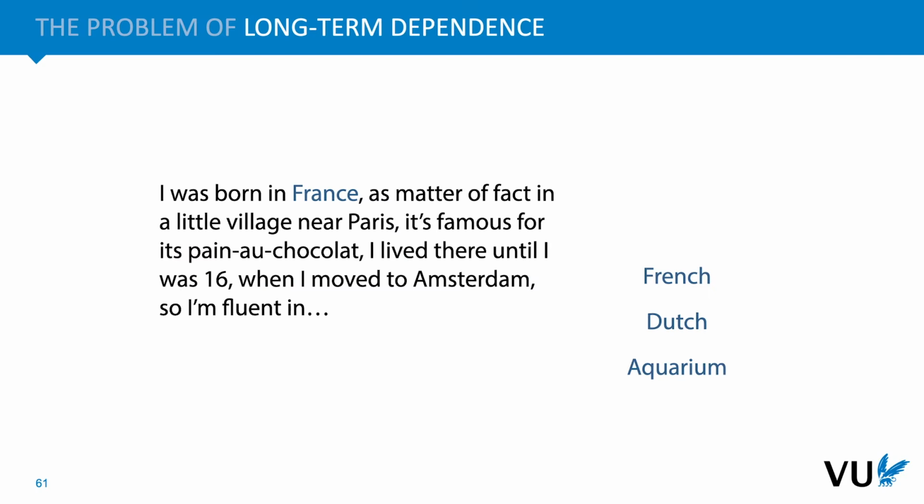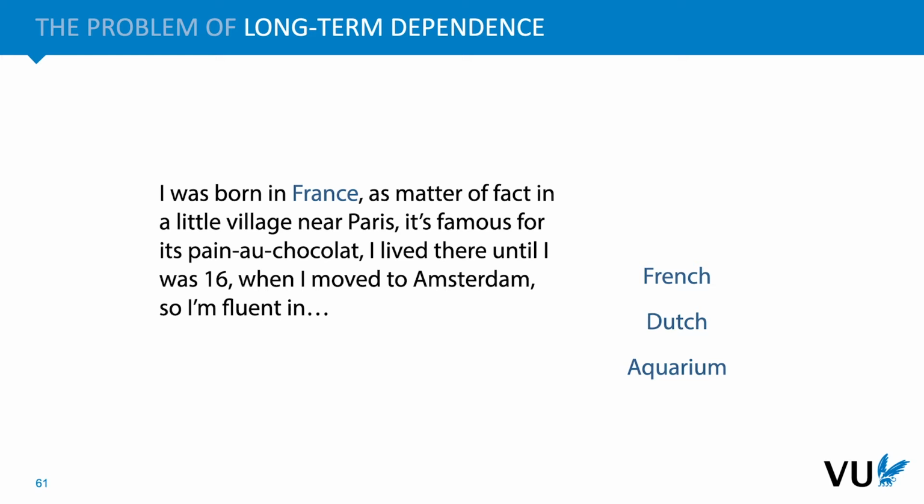The problem that LSTM solves is the problem of long-term dependence, a problem we encounter a lot in language processing. So a sentence like this: I was born in France, etc., etc. When I moved to Amsterdam, so I'm fluent in. If we want to predict what the next word in this sentence will be, most language models will tell us that it's not aquarium, because that doesn't fit any of the general theme or even the grammar of this sentence.